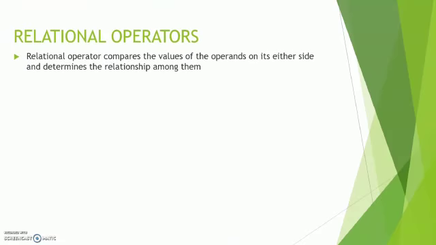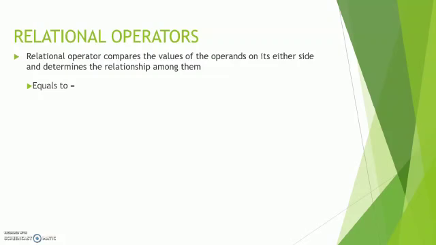Now the next one is the relational operator. A relational operator compares the values of the operands on either side and determines the relationship among them. Relational means something that joins. We will have two or more operands in every calculation.